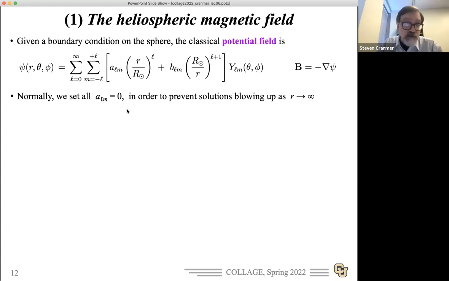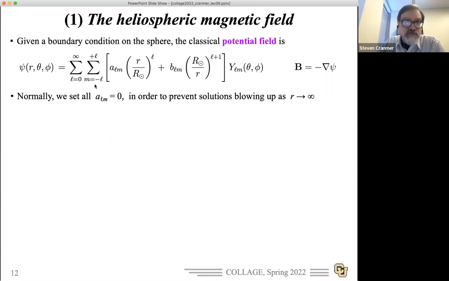Of course, if we want to just look at a simple potential field, this A coefficient is normally set to zero because we don't want solutions that are getting stronger and stronger as you go up to a large distance away. We don't want the solutions to blow up. So it's normally just these decreasing solutions, but you can match pretty much any observed photospheric field with the right set of B coefficients.